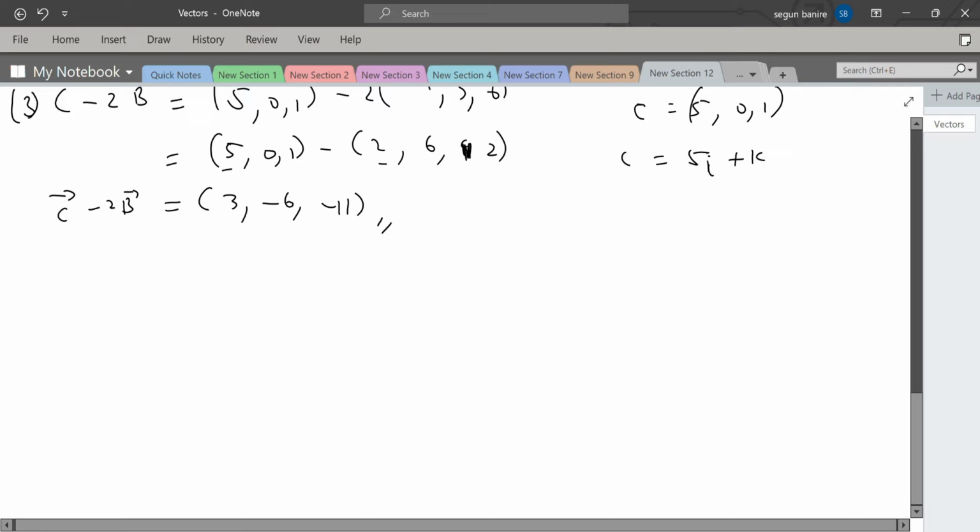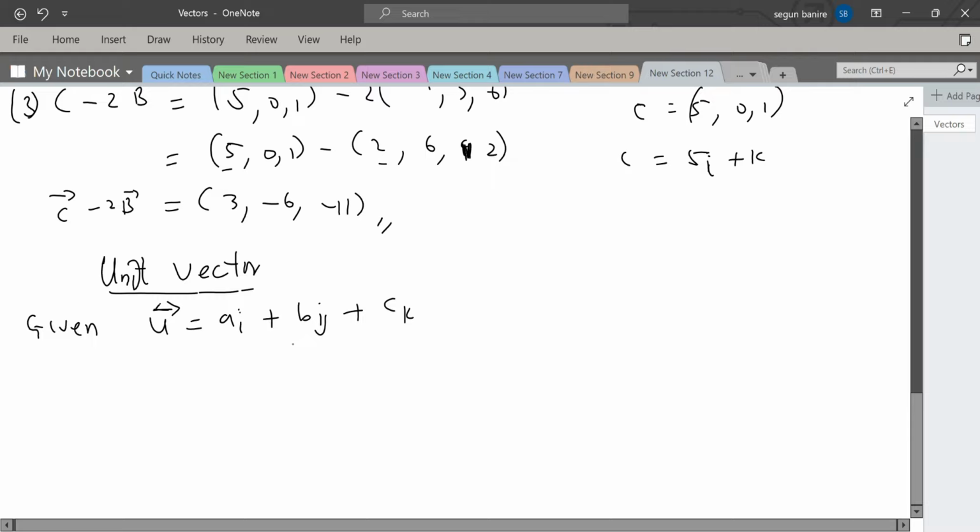Alright, so the next thing to learn is unit vector. How do we find the unit vector? Given u to be a vector, let's say ai plus bj plus ck, what is the unit vector? The unit vector is denoted with u cap.